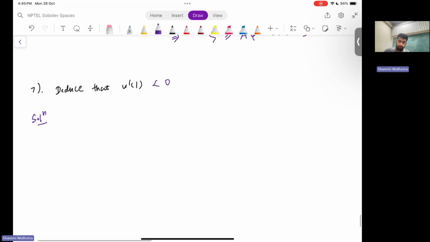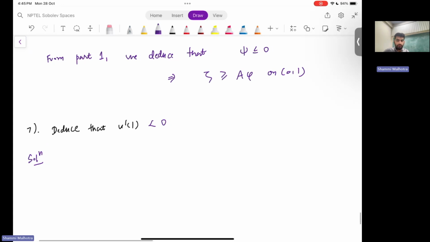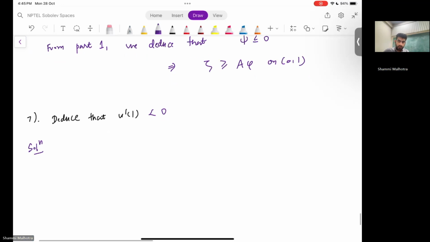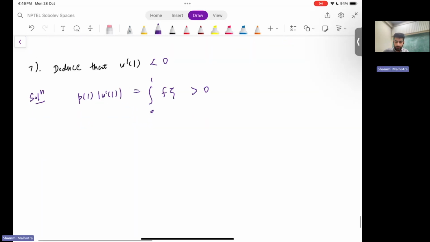So from question 4, we know that this implies that zeta is also not 0 everywhere. In fact, it is positive somewhere. And I know that p1 times u dash 1 is the integral from 0 to 1 of f times zeta, which will be strictly positive because f is non-negative and zeta is actually positive everywhere except at 0.